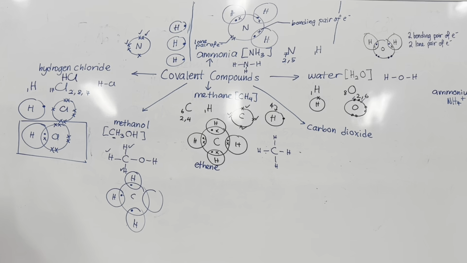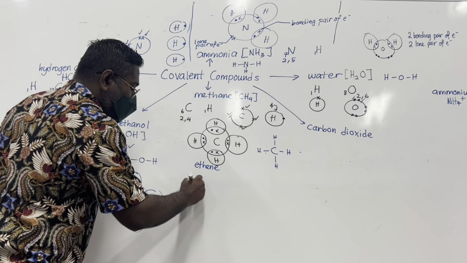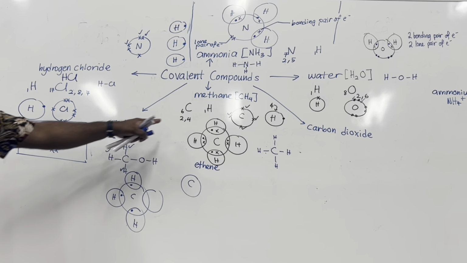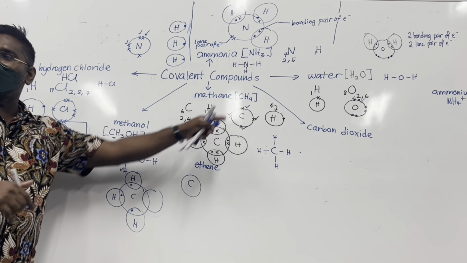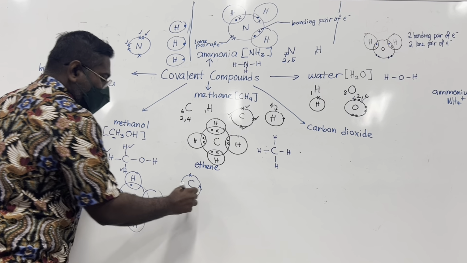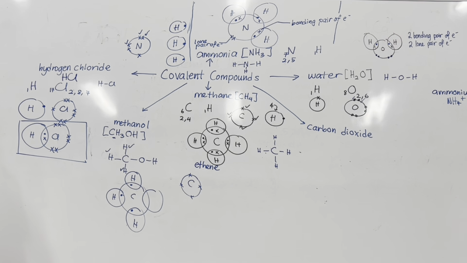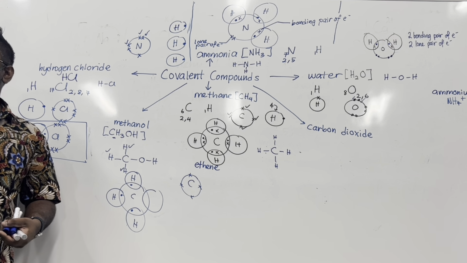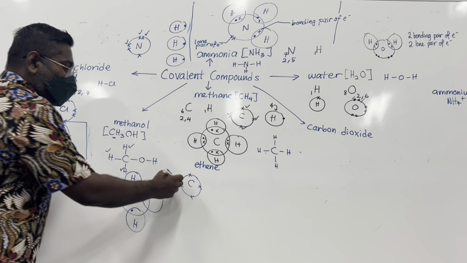Carbon, on the other hand, is going to have 4 valence electrons. Carbon will have 1, 2, 3, 4. Now, if you are sharing with the hydrogen, you need to bring forward as well.